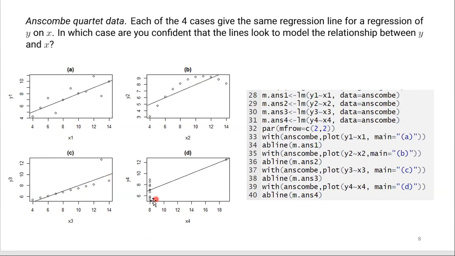In the final case, the slope of this line is determined entirely by a single point. That is very worrying, right? The point down here would make it very, very different. Without that point, there's no apparent relationship. So D is a more extreme case of C. And we'll be talking about these later today.